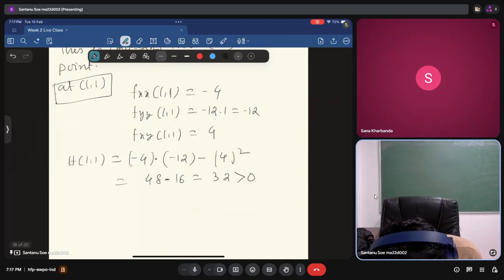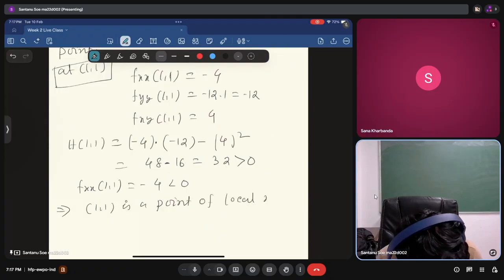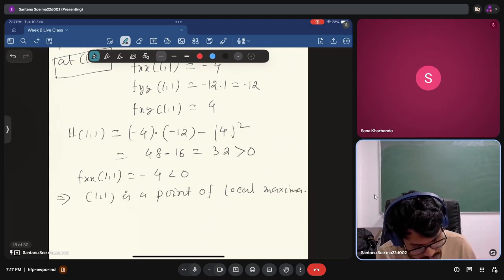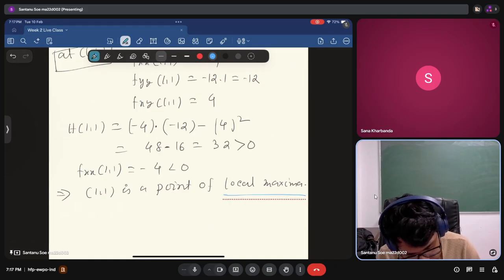So this should be 32, which is greater than 0. Now we have to check fxx at (1, 1), which is minus 4 and less than 0. So that implies that (1, 1) is a point of local maxima. Okay, is it clear?